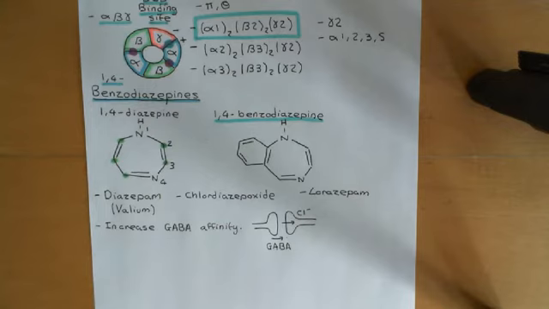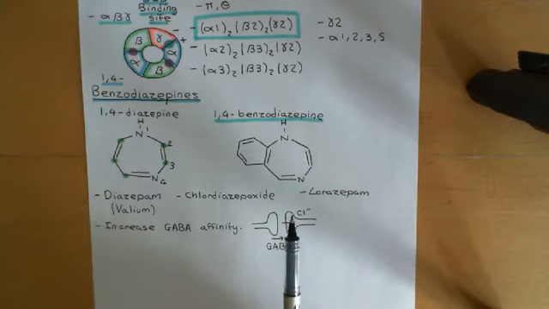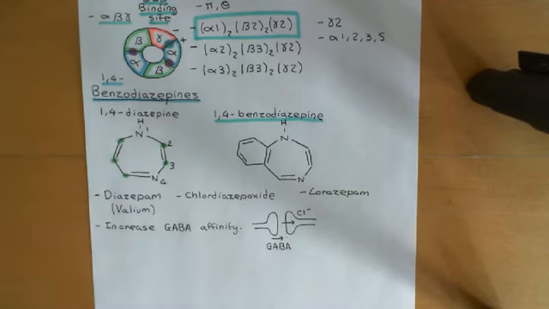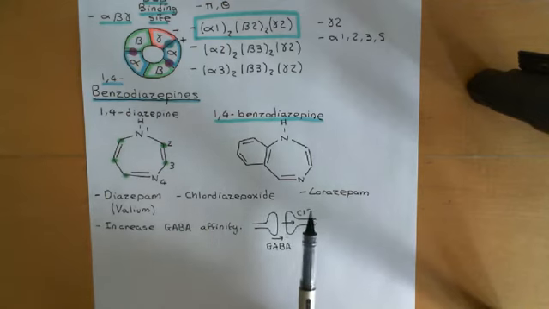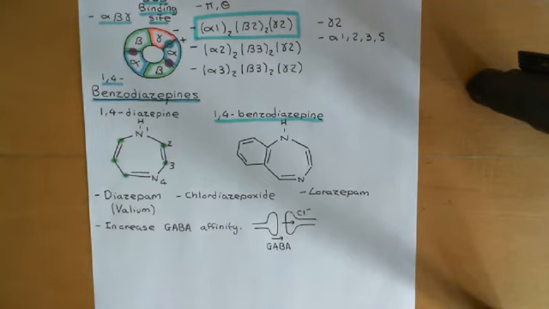So the benzodiazepines will bind to GABA A receptors, and those receptors with benzodiazepine bound are going to have a greater affinity for GABA, and that means a greater fraction of those GABA A receptors are going to end up getting 2 molecules of GABA binding to them when you release the same amount of GABA onto the postsynaptic neuron.